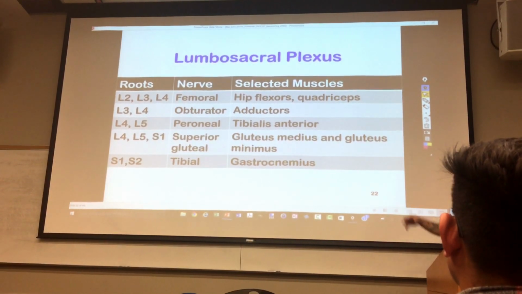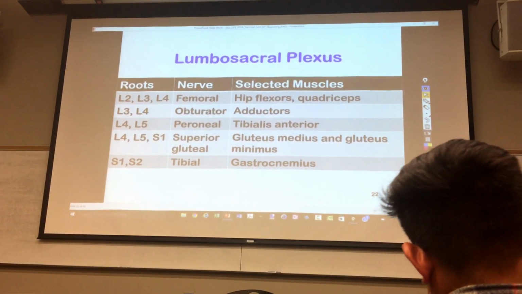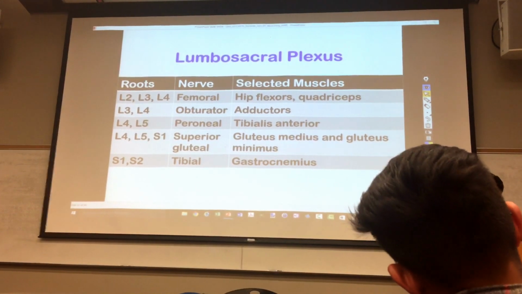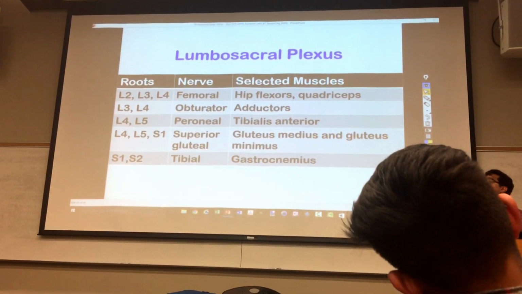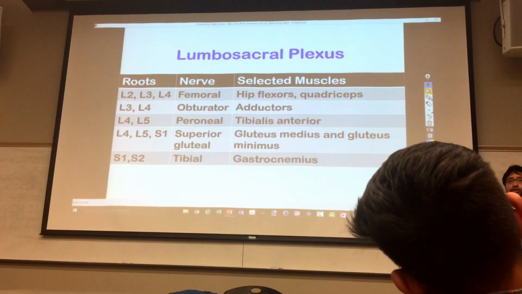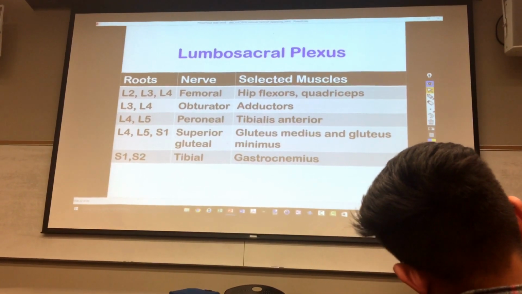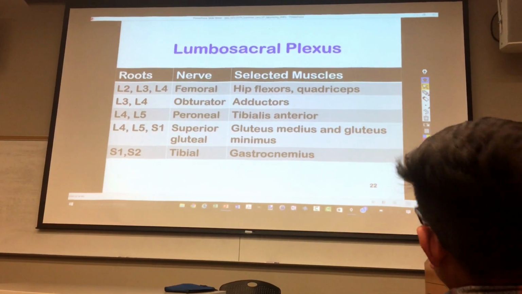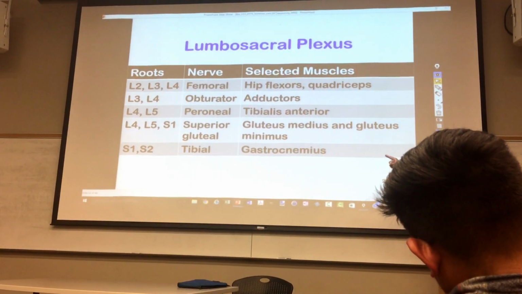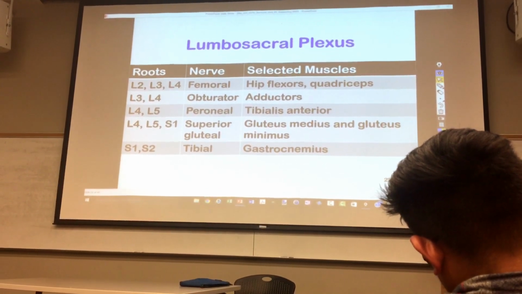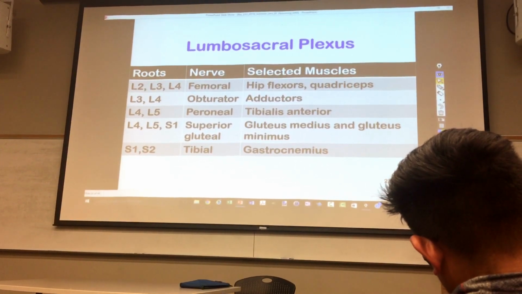This is not a full list of the muscles that you will have to know later, right? But for now, for the upcoming exam, you have to know these things because these are the nerve segments, or actually what we should say is segmental spinal nerves, right? But if I ask you what segment, I'm asking you L2 or L3 or L4. If I ask you segment, that's what I'm asking you for.